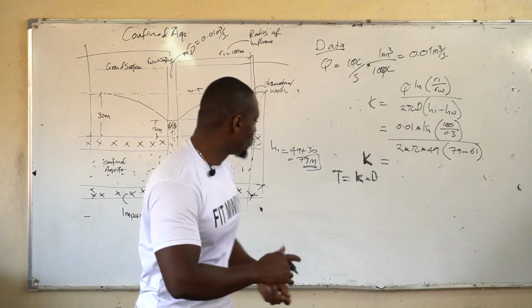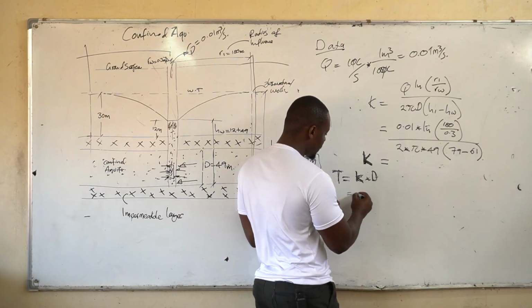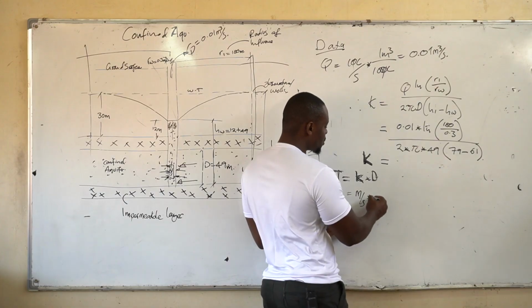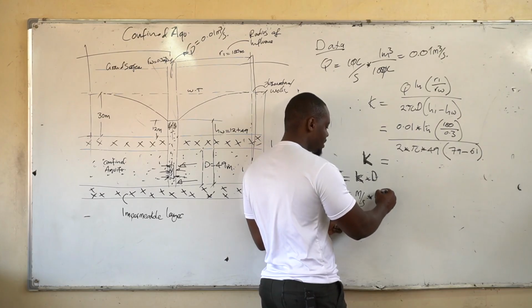But then you find that the units, because K has got units of what? Meters per second, it's literally speed, right? If you're going to multiply by the depth, what's the value for depth? It's just a meter.